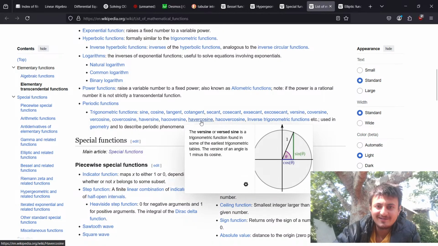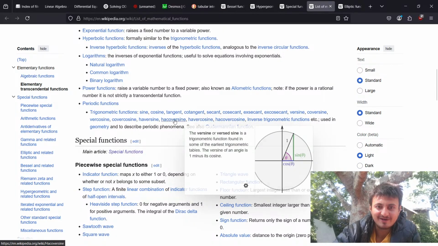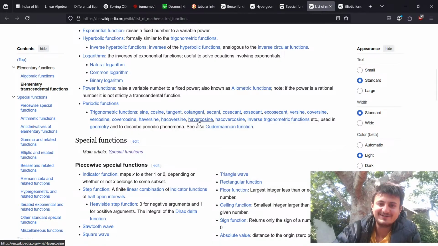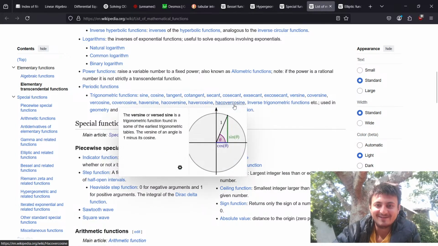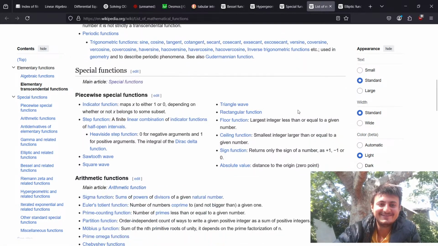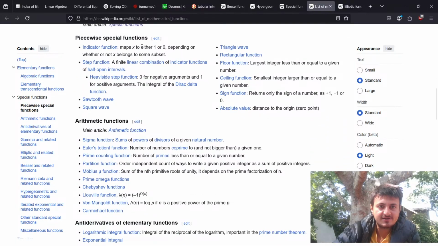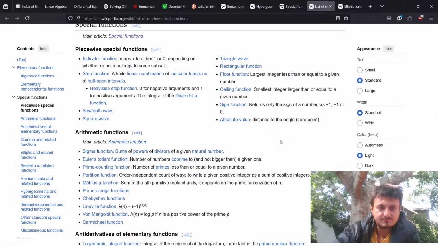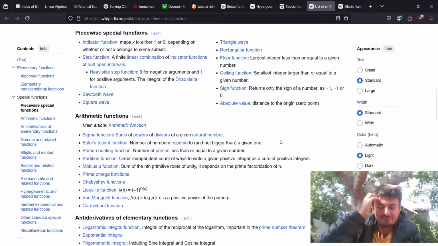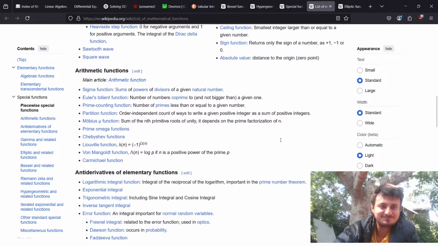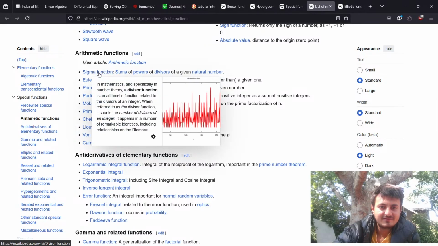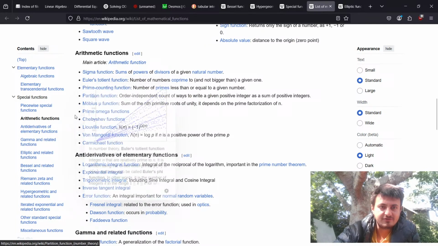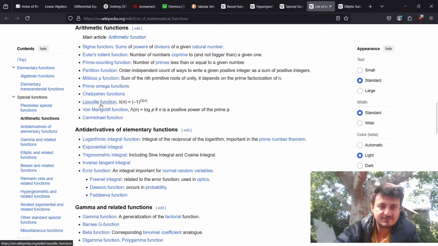Haversine? Havercosine? Wait. Haversine? What, dude, what are we talking about? Havercosine. Oh my god. Special functions that are... This is a freaking cool Wikipedia page, man. Oh, these are all like discrete kind of things.